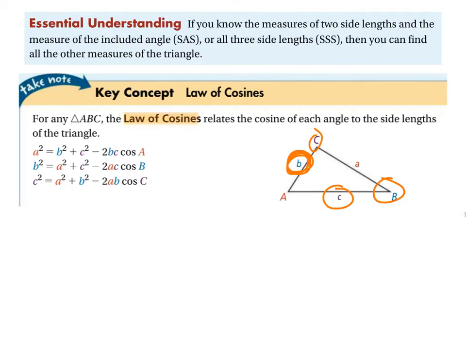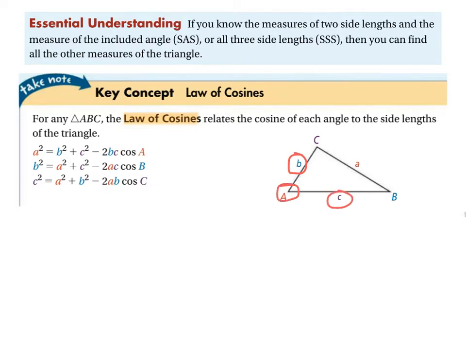But in these two particular cases, where it says up here, if you know two side lengths and the measure of the included angle, or three side lengths, you can find the other measures of the triangle. Watch what this is when we mark this. If I mark this as side, we have side, angle, side.